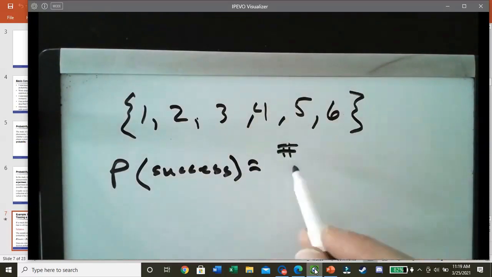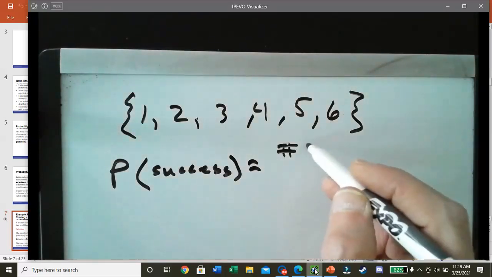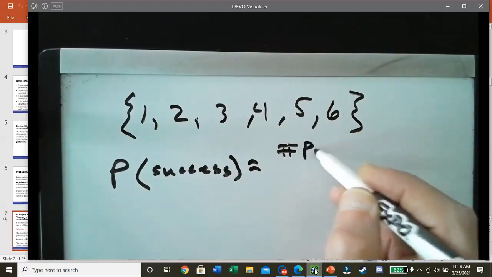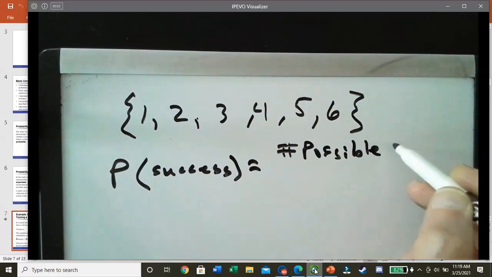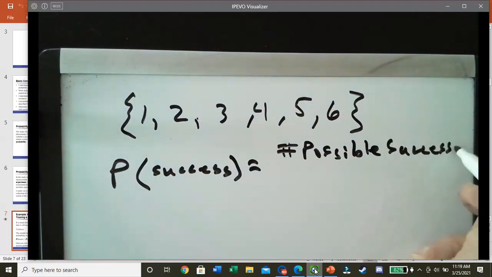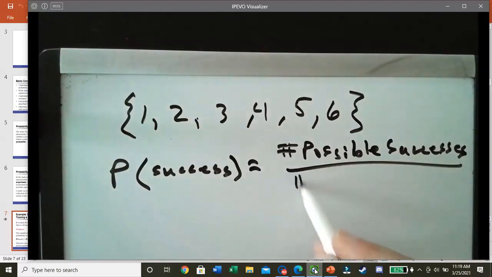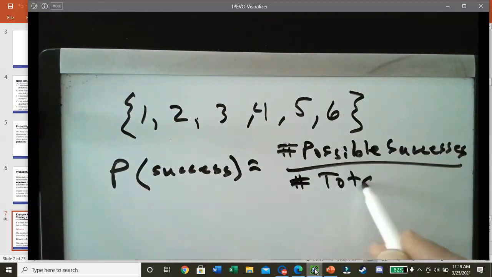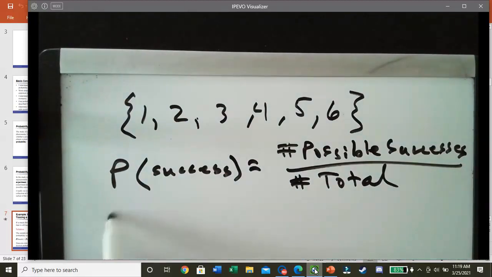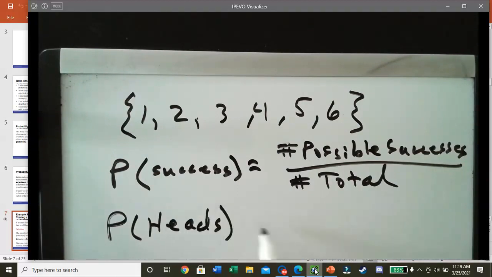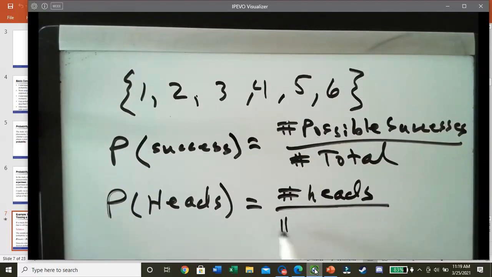So that would be the number of possible successes over the total number of ways of, in this case, flipping a coin. So if we're looking at the probability of flipping a coin and getting heads, then we look at how many heads there are on a coin over the total.